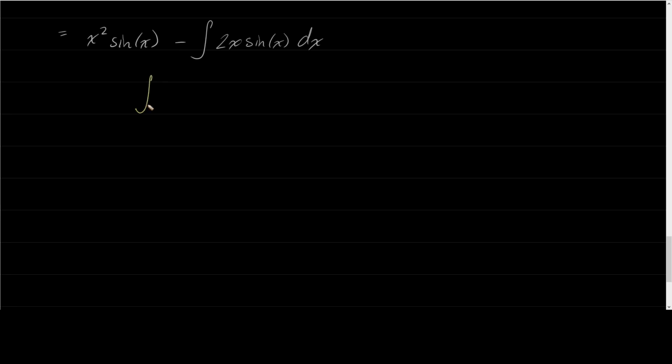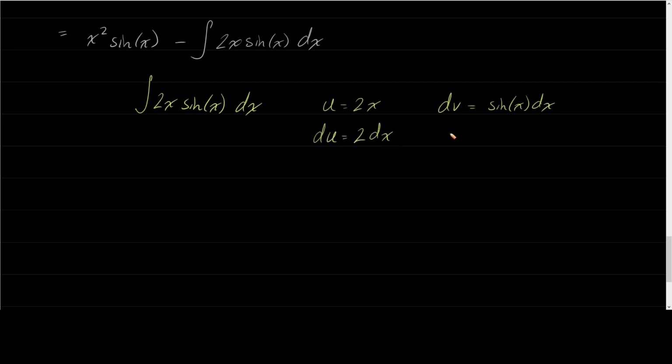So let's look at just that integral on its own. We have the integral of 2x sine x dx. And in here, I'm going to let u be the algebraic part, which is just 2x, and dv is going to be the trigonometric part, which is sine of x dx. Now, if u is equal to 2x, then du is equal to 2 dx.